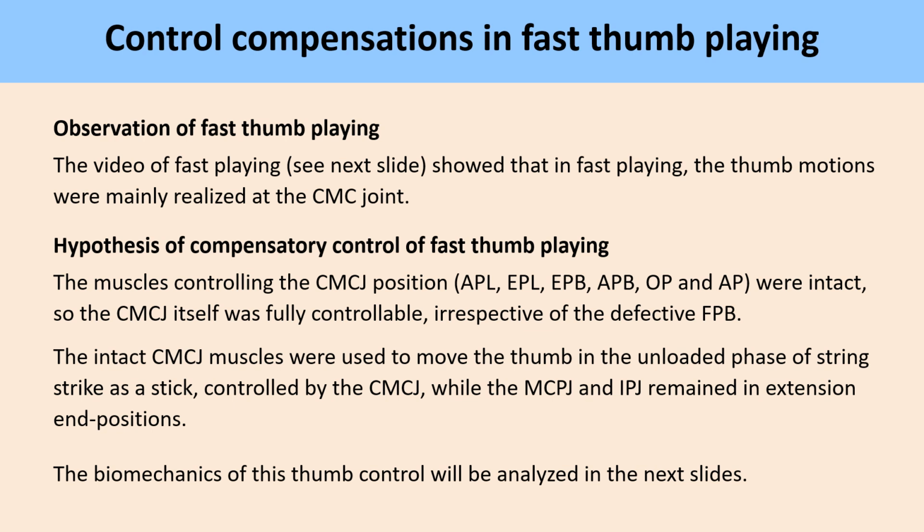The muscles controlling the CMC joint position were intact, so the CMC joint itself was fully controllable, irrespective of the defective flexor pollicis brevis. The intact CMC joint muscles were used to move the thumb in the unloaded phase of string strike as a stick, controlled at the CMC joint, while the MCP and IP joints remained in extension end positions. The biomechanics of this thumb control will be analyzed in the next slides.